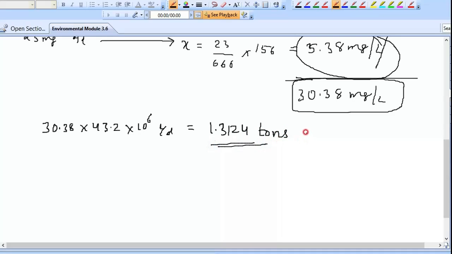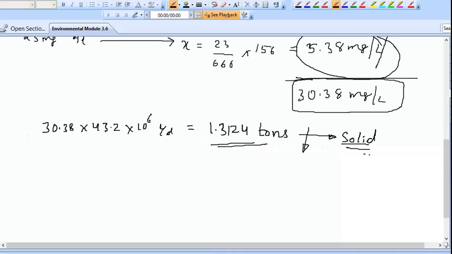This much is settled at the bottom of the tank. But this 1.3124 is the sludge in solid. This is solid. Okay, here we don't have any water because everything is measured in mg per liter. Therefore 1.31 tons is a solid.